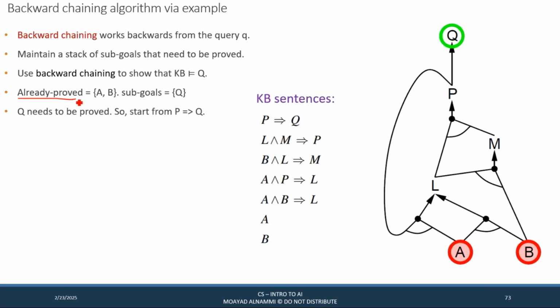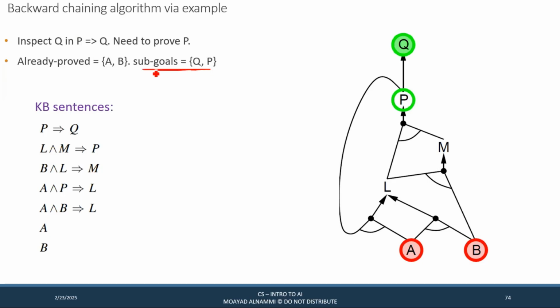So you'll have an already proved list, and you'll have a sub-goals list. In the beginning, the sub-goal is that I want to prove Q, and what's already been proved is my facts, which are A and B. So Q needs to be proved. I scan my KB, and I find that in order to prove Q, I need to prove P. P has not been proved yet, so P will be added to my sub-goals.